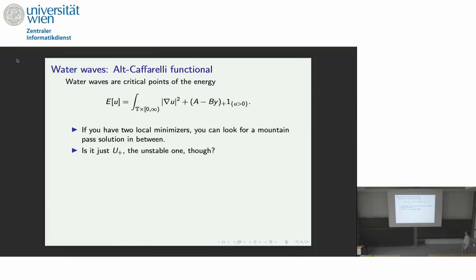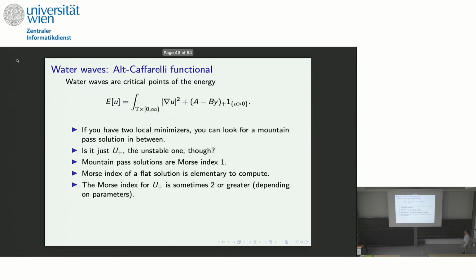So let's do it. The problem is, maybe I construct it and it's just going to be U plus, the third solution, which I said is unstable. That would also make sense, right, in this picture. But you can do a further computation. Whenever you construct this mountain pass solution between 2 minimizers, it formally has Morse index 1.